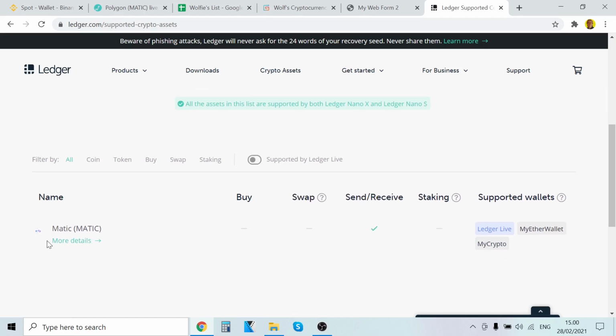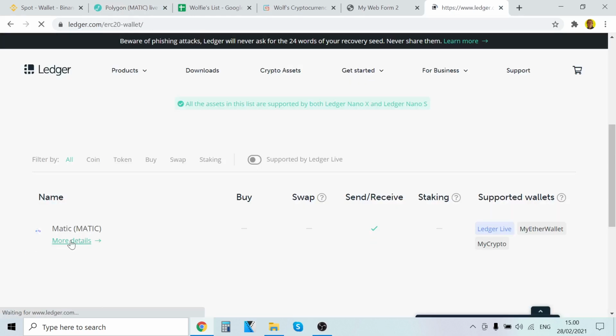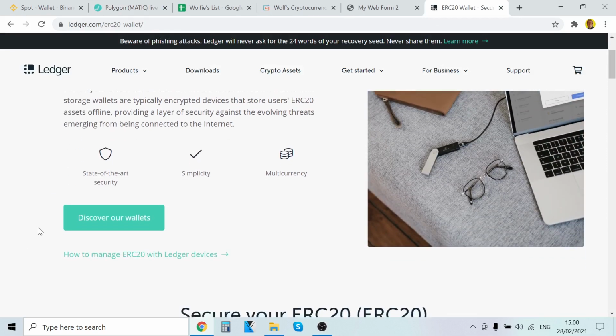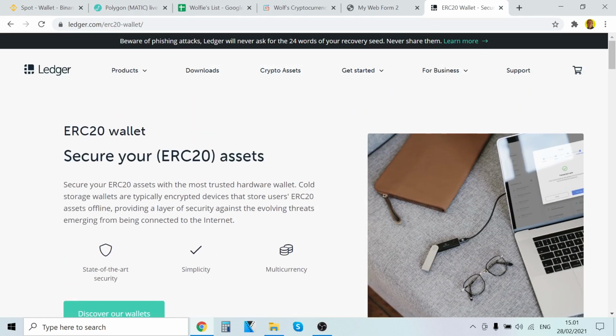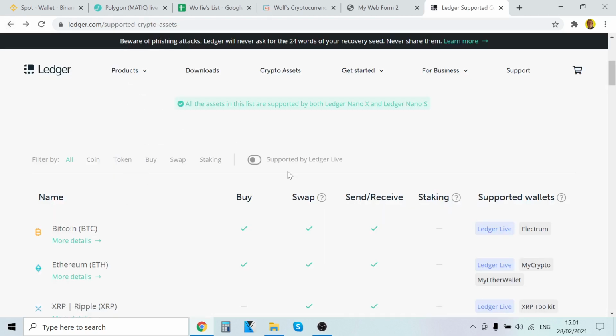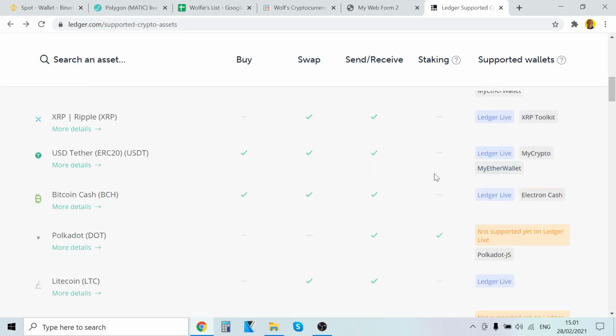I type in MATIC here, and like you can see, it supports MATIC. You can click here and get even more details. You can also check out ERC tokens here, and you can check any cryptocurrency to see whether it supports it or not.